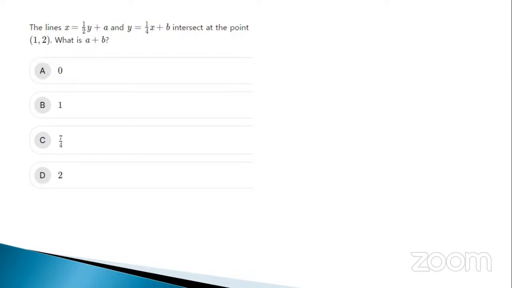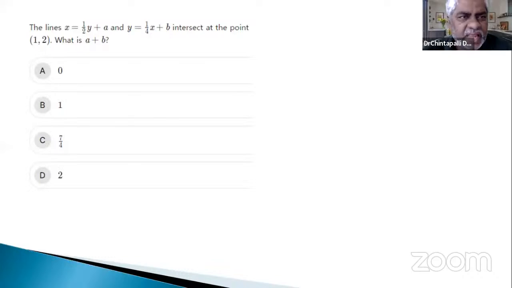How do I find it? Do I do the system of equations? See, the lines x is equal to half y plus a and y is equal to 1 by 4 x plus b intersect at the point 1 comma 2. What is the value of a plus b?